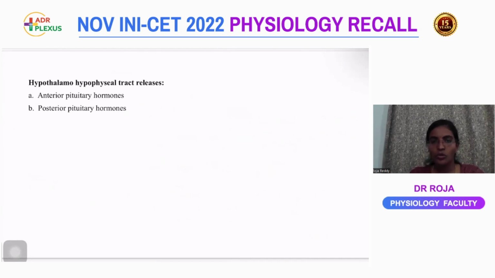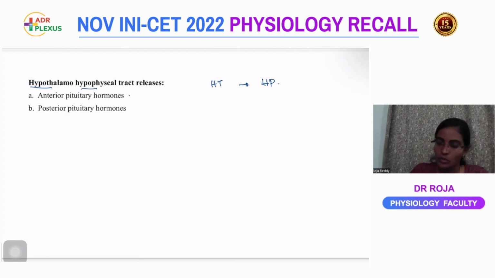Okay. So where did you hear this hypothalamo-hypophyseal tract? Hypothalamo-hypophyseal means it's basically the connection between the hypothalamus and the hypophysis. Okay. So what are the options? Anterior pituitary hormones and posterior pituitary hormones. I could get only these two options.